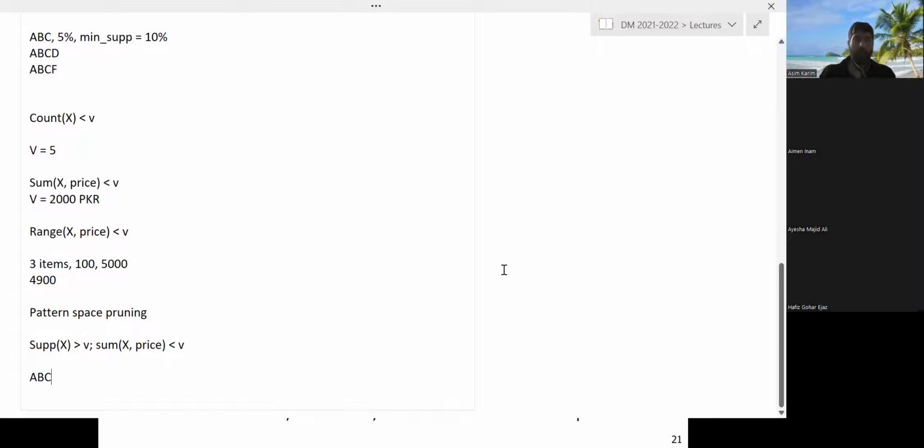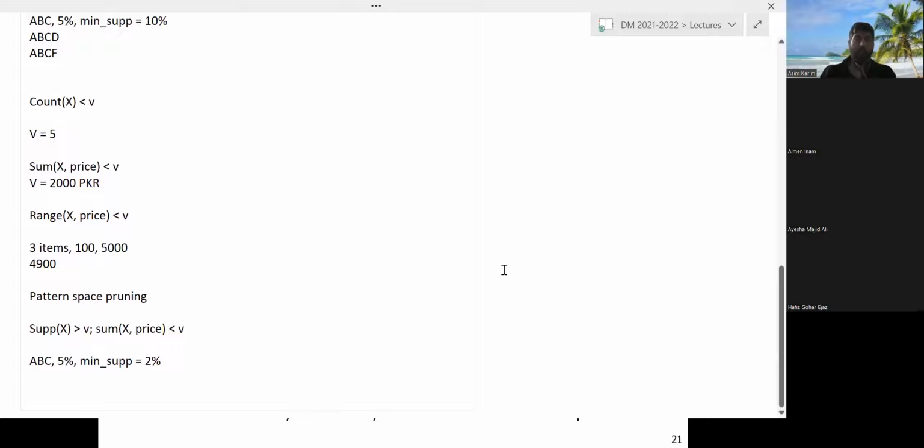Let's say its support was greater than V. Let's say its support is 5%, and the minimum support for your problem was 2%. So it means this is not violating the first constraint.